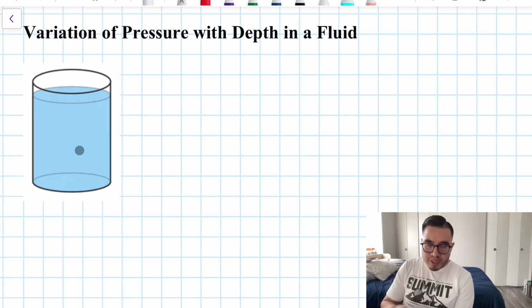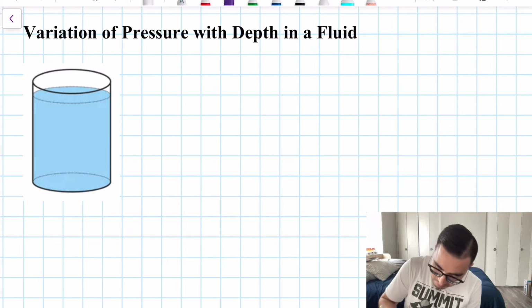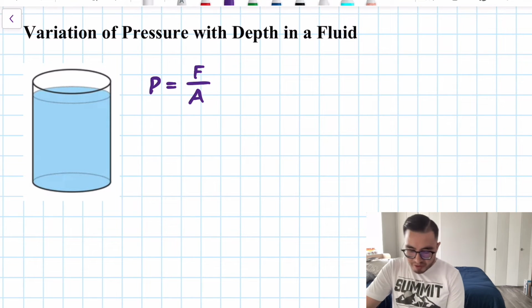And let's go back to the formula for pressure. We have pressure is equal to force divided by area. All right, let's think about the pressure here for the water, the liquid, this fluid in the container. But what's the force being applied?